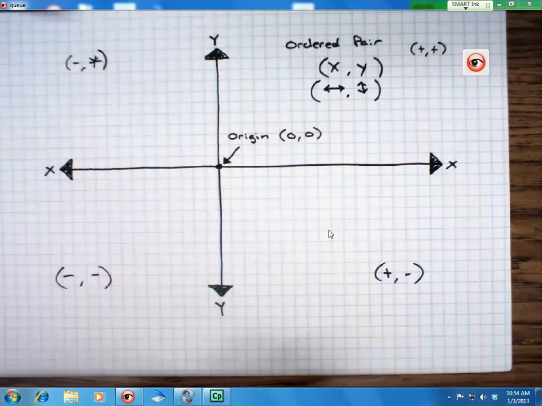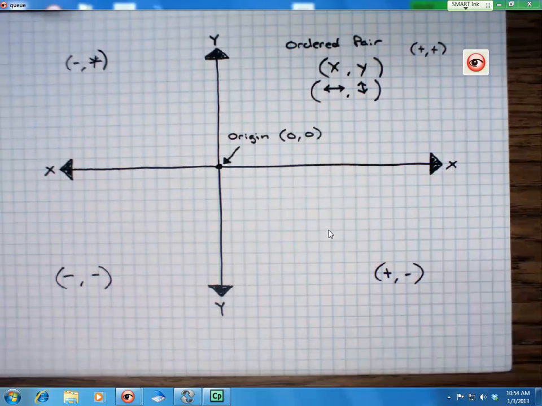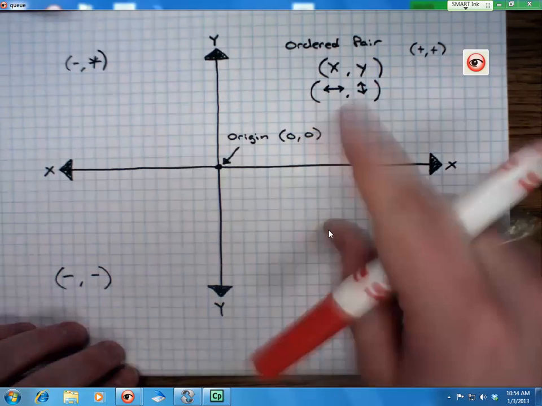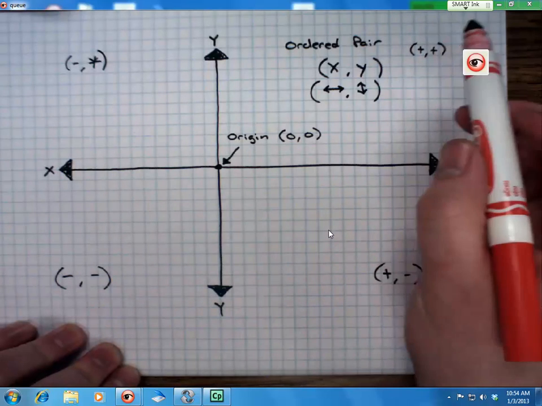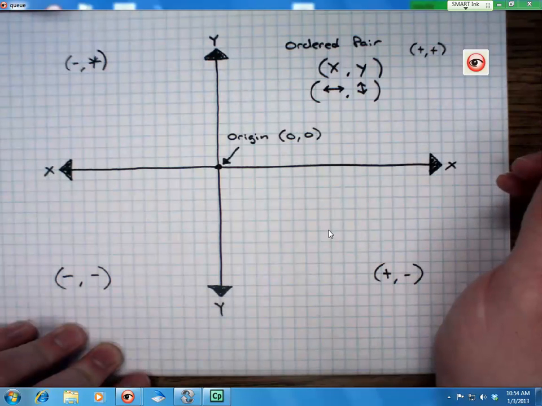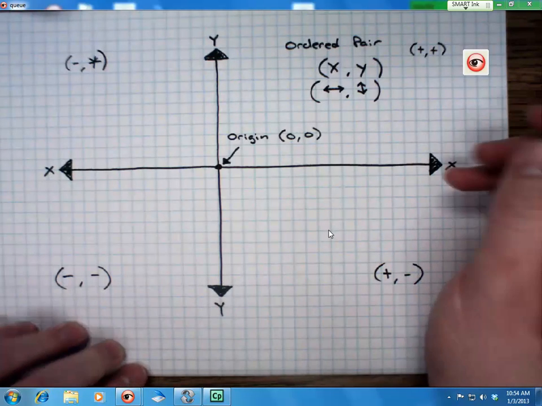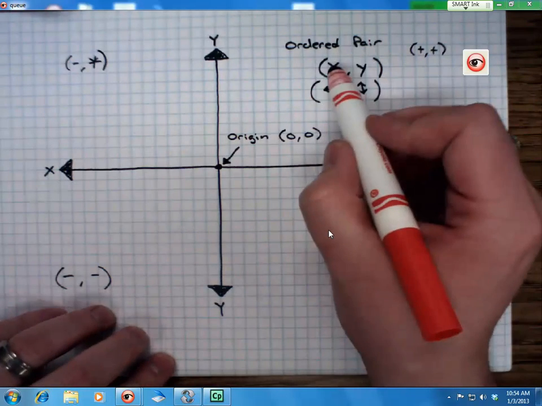Okay? All right, now let's talk lastly about our quadrants. The quadrants are talking about the number in which your ordered pair appears. In order to help us remember this, we listen to the word quadrant, which, yes, starts with a Q, but the starting sound sounds like a C, like quadrant.